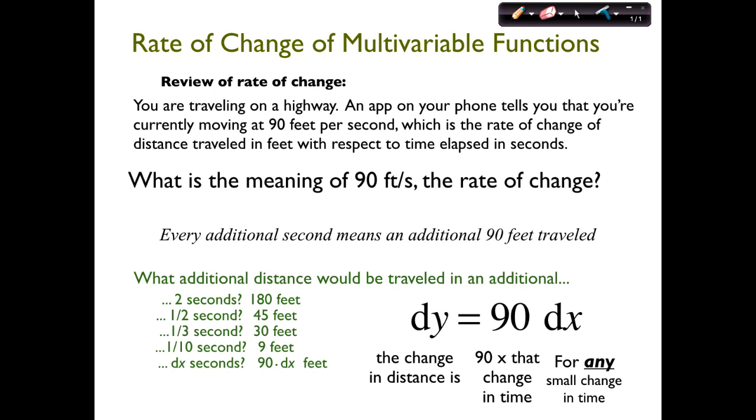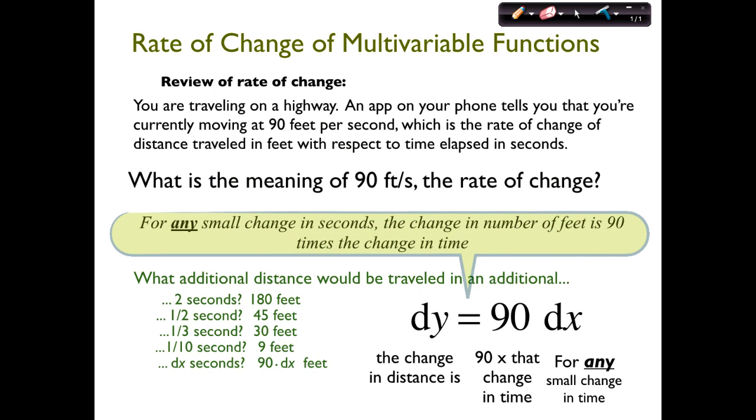For any change in time, to get the change in feet, you multiply it by the rate of change, 90. It seems so easy, but when I ask you over and over again, you all look at me with blank stares. So take notes. Make your brain do as much work as possible right now to get this. This is the meaning of rate of change.